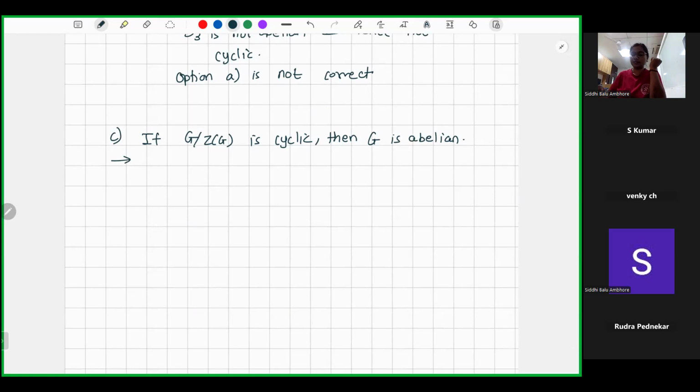Any guesses whether the statement is true, or can you find any counterexample?